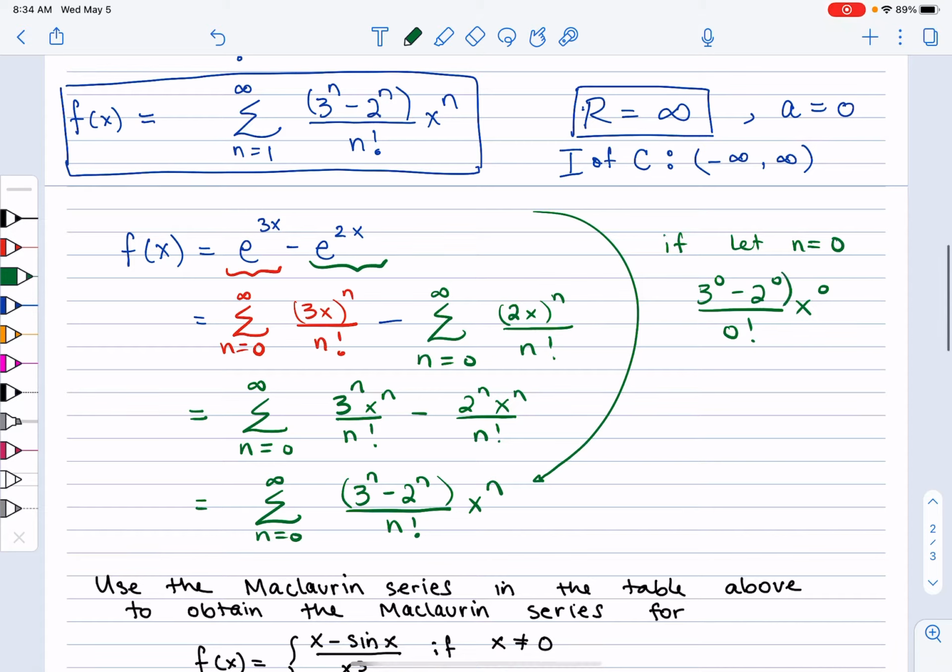So the numerator here will be 0. So the very first term in this second series is 0, because we just checked the work, and that gives you the same answer that we had before.